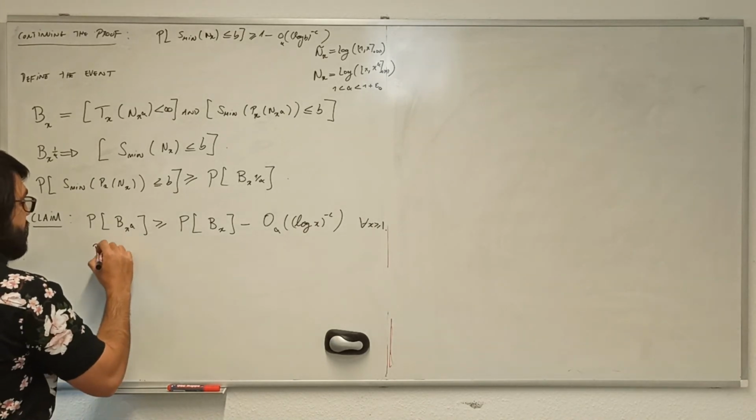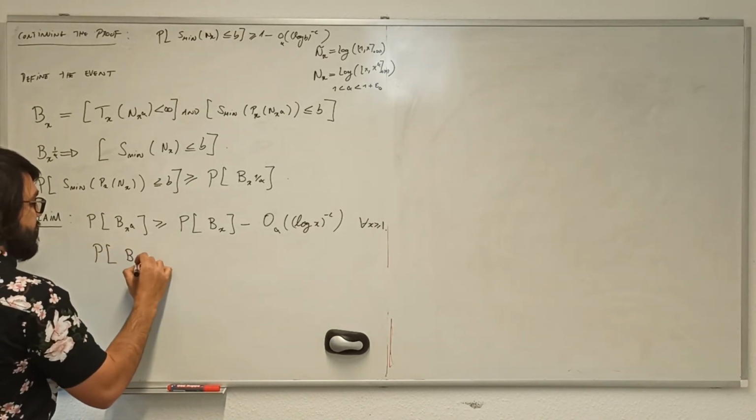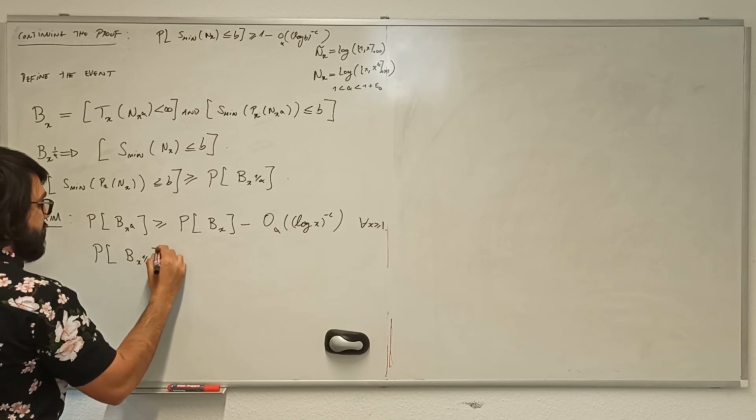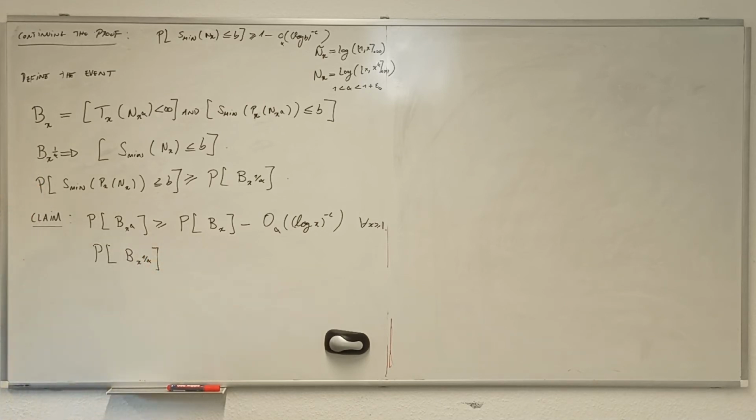And the probability of b of x 1 over alpha, so what's the probability of bx 1 over alpha?